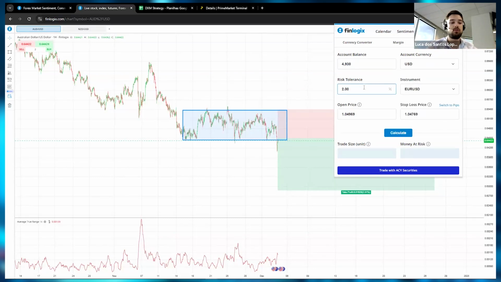US dollar risk tolerance 1.5%. Instrument is AUD USD. The open price is at 64,500, and the stop loss is at 65,400. Let's calculate this. So 0.12 lots.